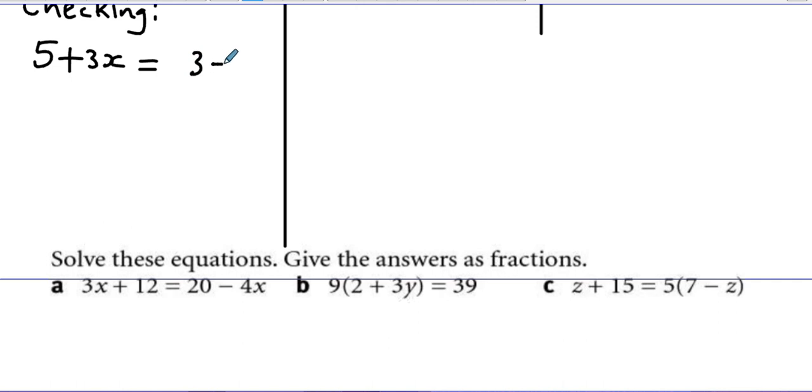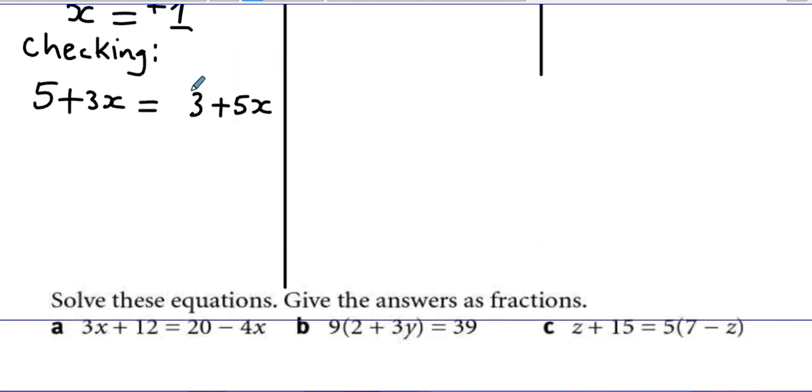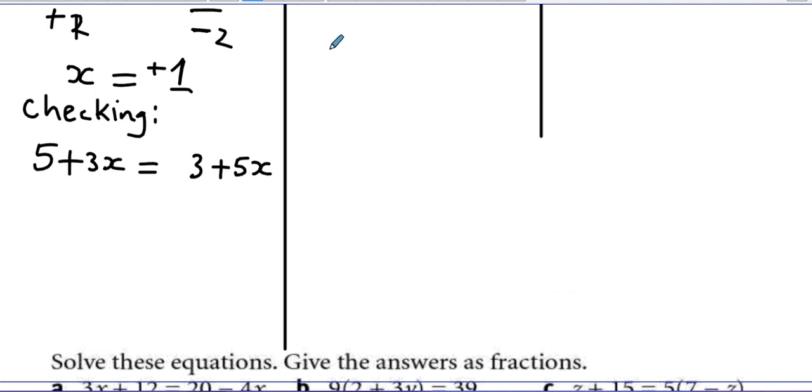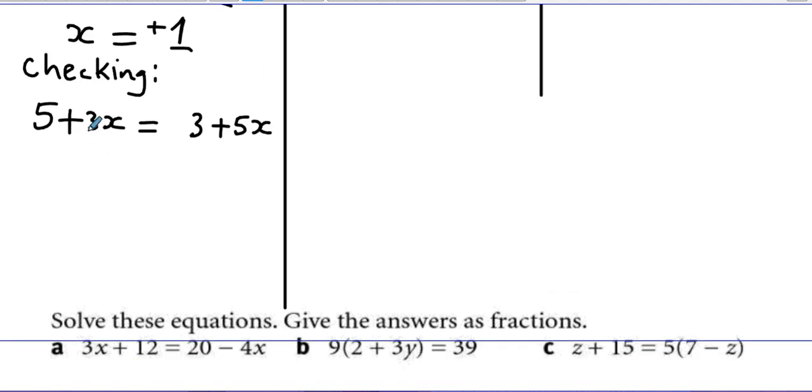Now we got the value of x equals 1, so substitute where there is x, write 1. Where there is x, write the value which we have got.